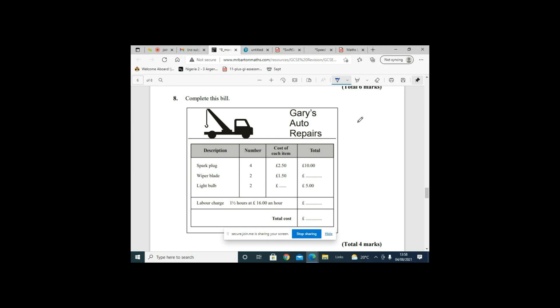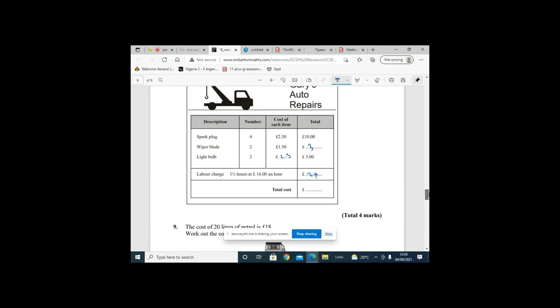So are you ready for the answer? If that's 24, you just need to add those together. This one is 3, as you said. This one is £2.50. You got that already. So you add them all together, you get this. Well done. That's fine.